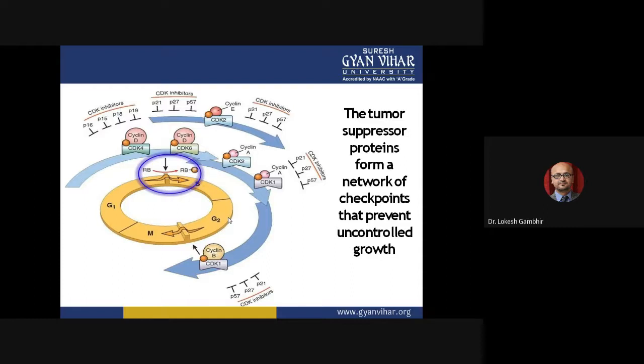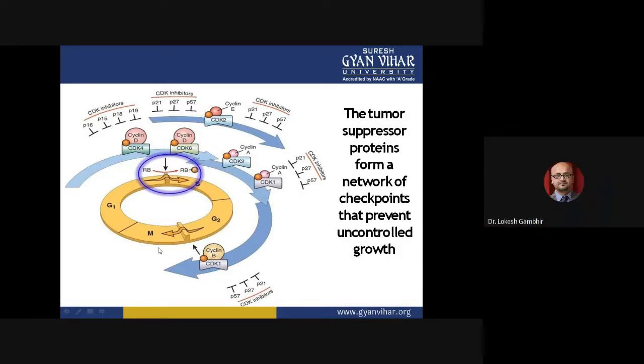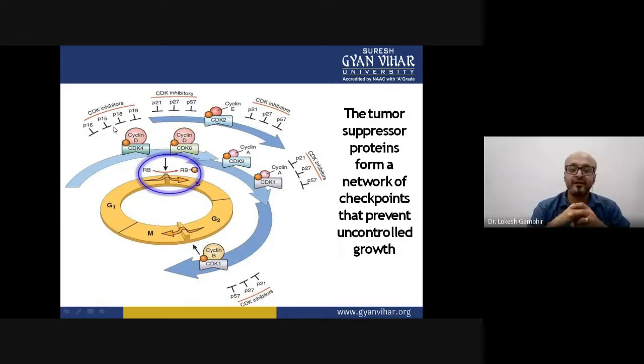When I'm talking about the cell cycle, I'm talking about the G1 to S to G2 to M transition. And when we are talking about checkpoints, we are talking about the G1 to S checkpoint, the G2 to M checkpoint, and the cyclin molecules along with the cyclin dependent kinase molecules.